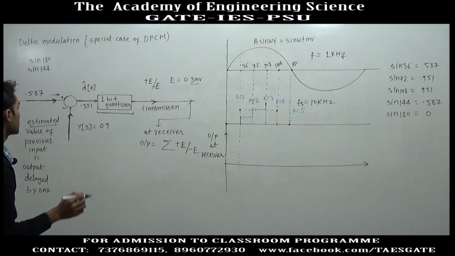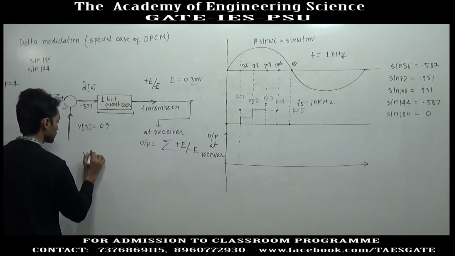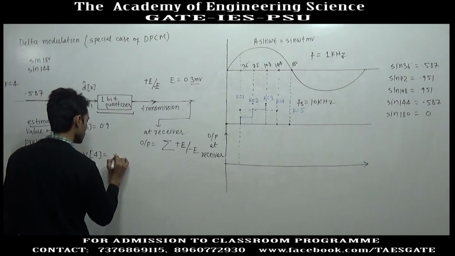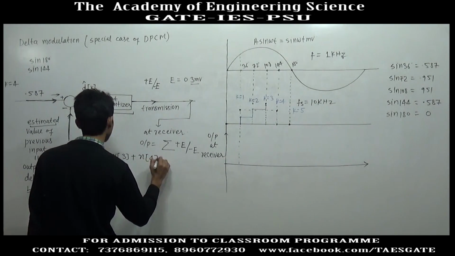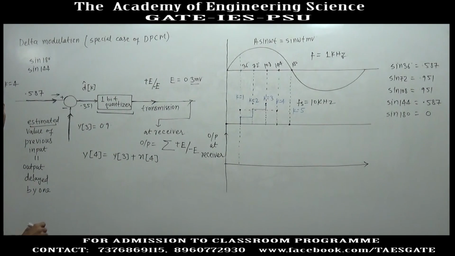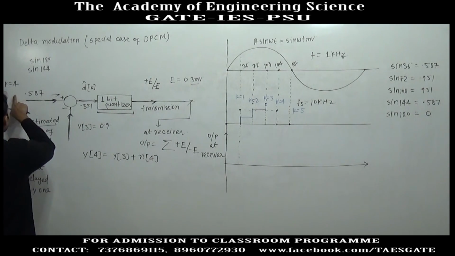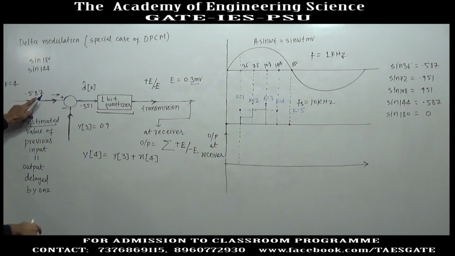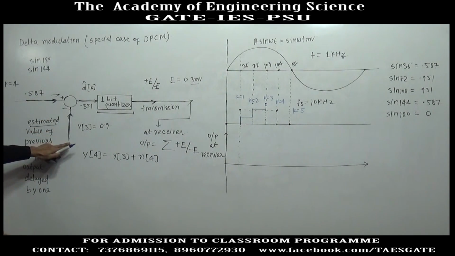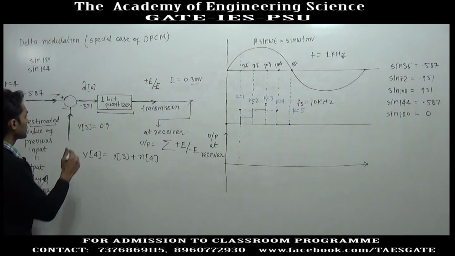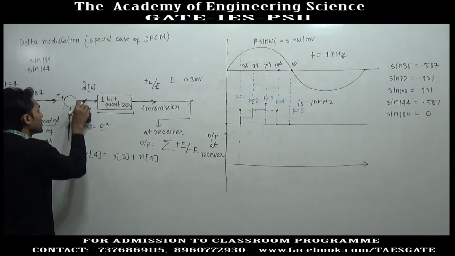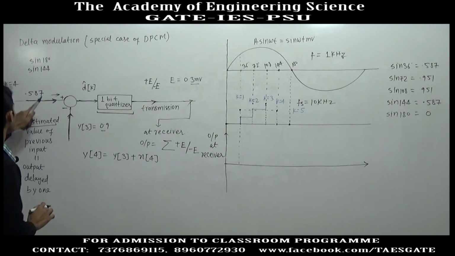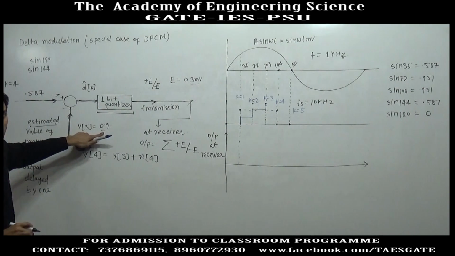So, the output at k is equal to 4 will be y4 is equal to y3 plus x4. What will be x4? The input at k equal to 4 is 0.587 and here the output is delayed by 1, so the signal will be 0.9. Now, the difference is negative, 0.587 minus 0.9.